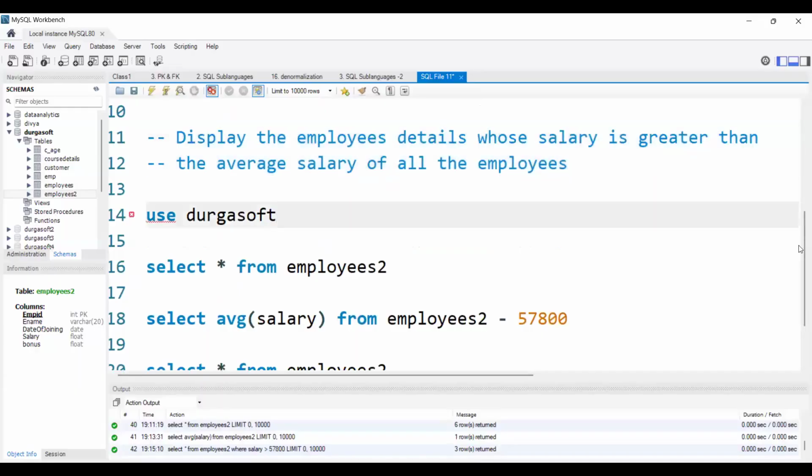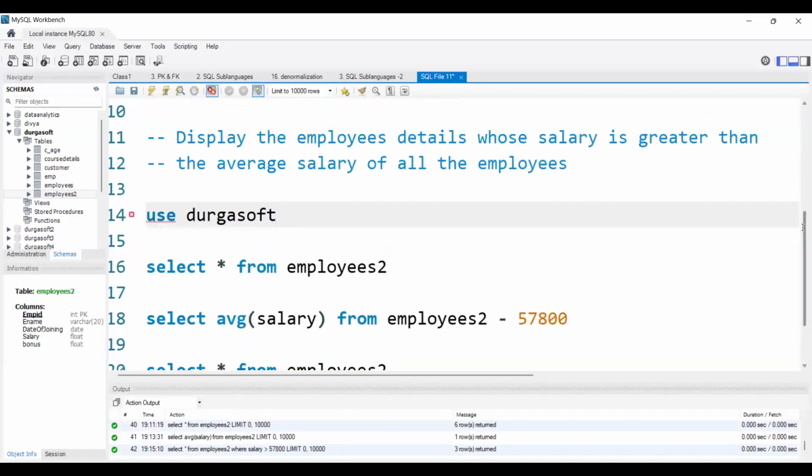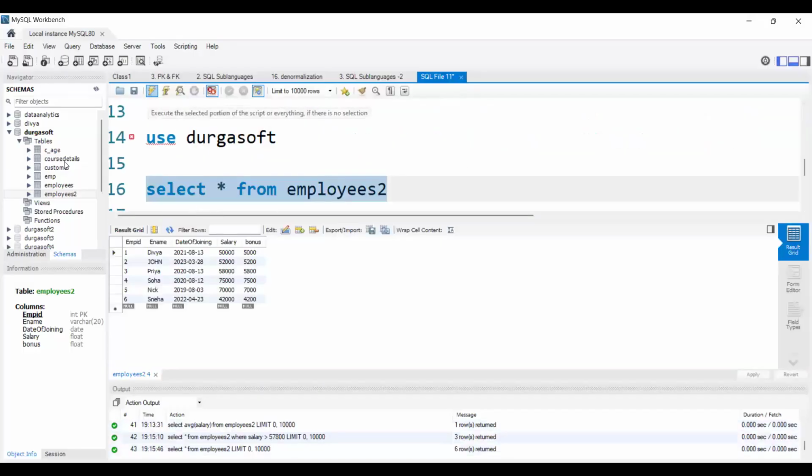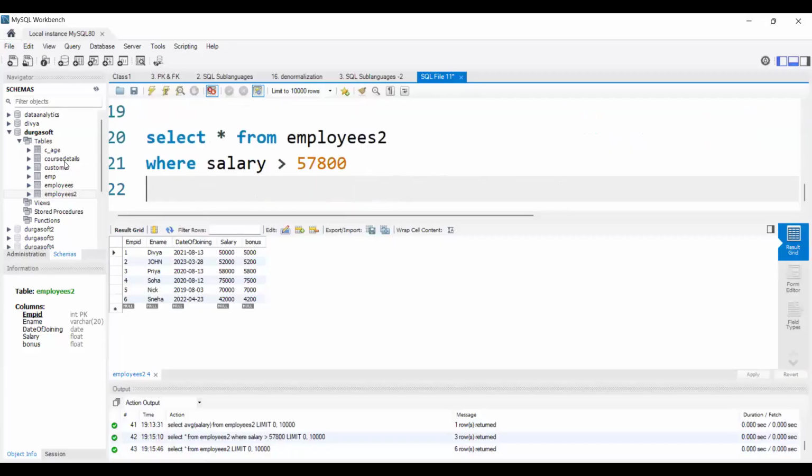But this is not the correct way of solving this question, because for now I have the data like this. Currently my employees to data set is like this, but in real time the data will change going forward. It won't be static, correct?